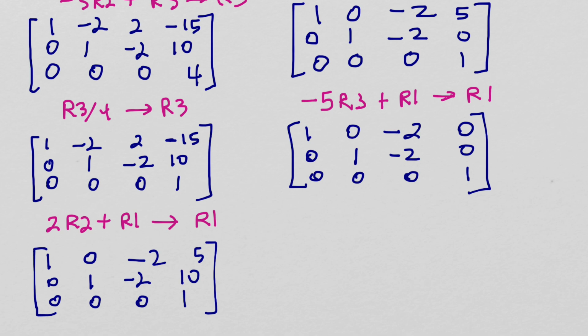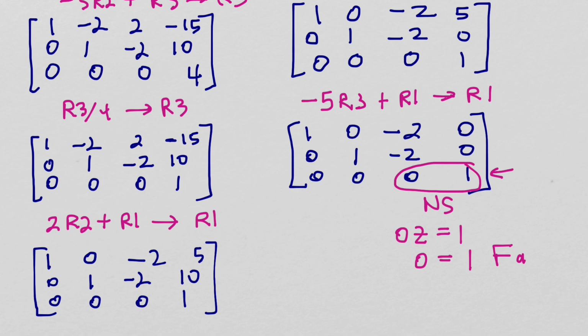So what's happening here, and this is what you look for when you have a no solution situation. Right here is what it looks like. So the reason this is a no solution situation is because 0z equals 1 is what that equation is telling me here. And that would lead you to have to believe that 0 is equal to 1, which we know is false. 0 is not equal to 1.